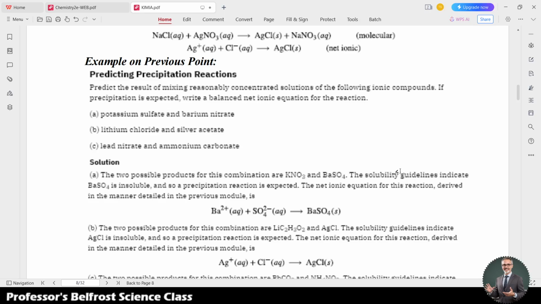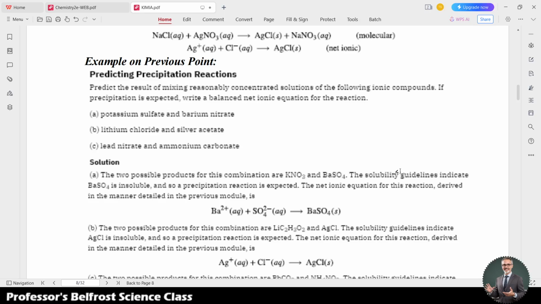The first one is potassium sulfate and barium nitrate. Potassium is K, sulfate is SO4 2 minus. We just need to switch places, right? K plus, SO4 2 minus, and Ba2 plus and NO3 minus.